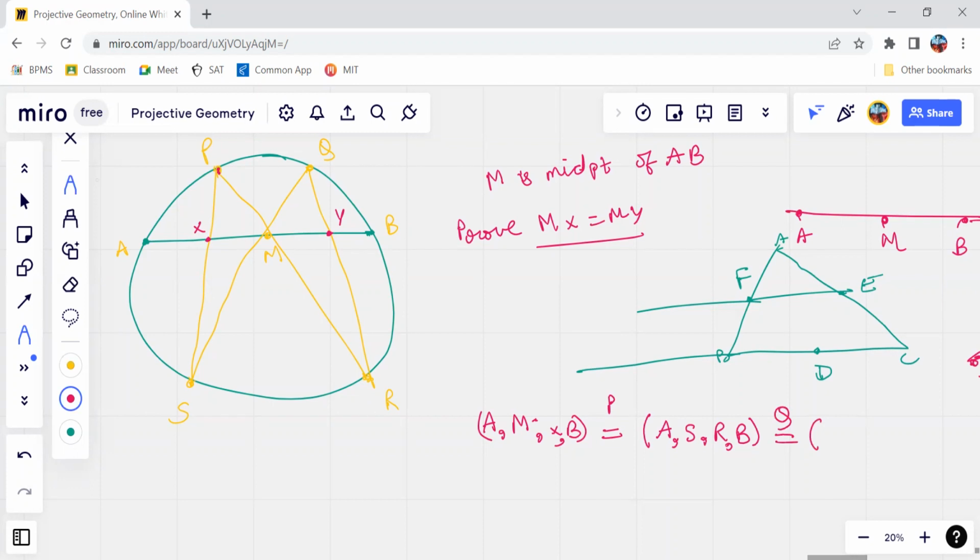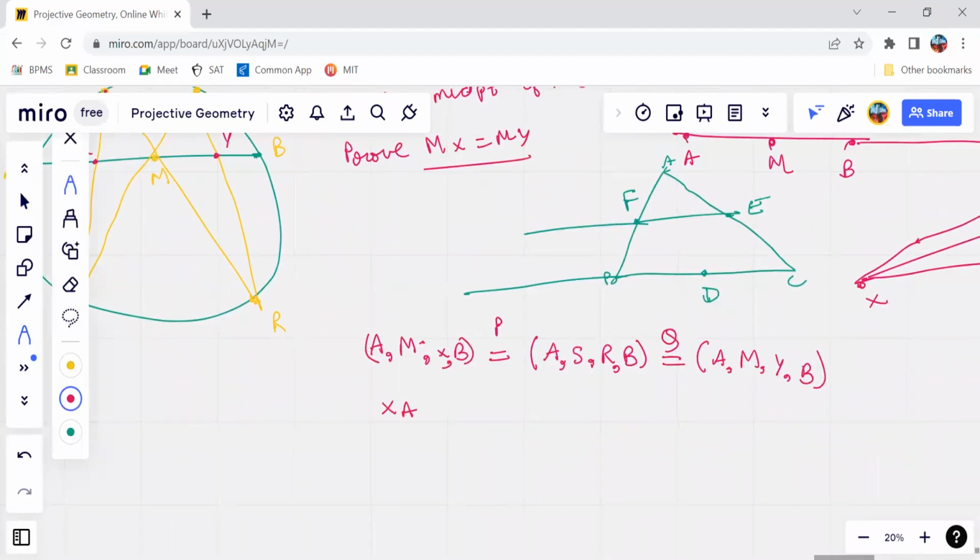So we'll project through Q instead this time. And it becomes A, N, Y, B. Essentially, you took X to S and M to R, and then you brought this here and this here by projecting through Q.